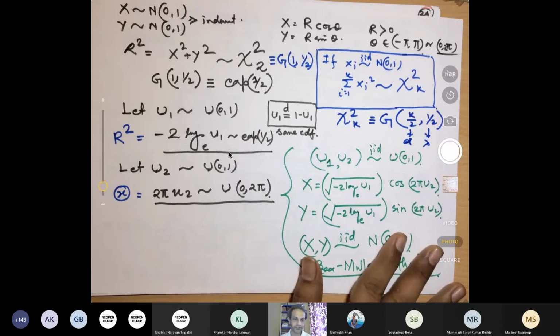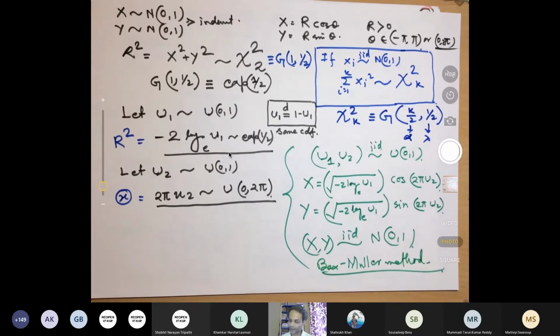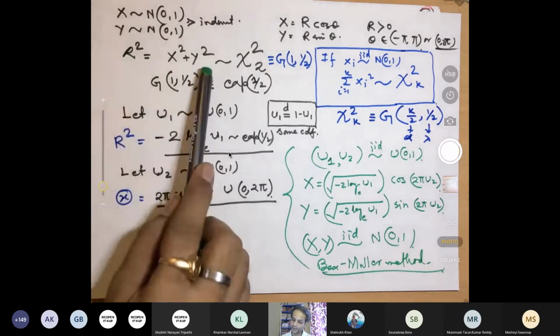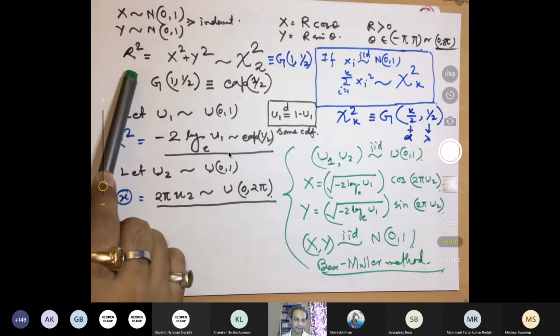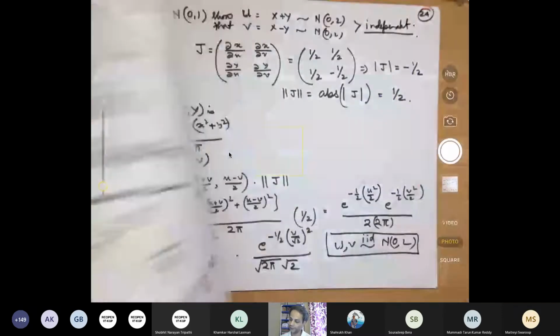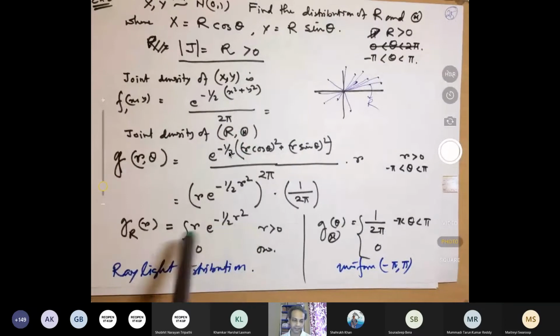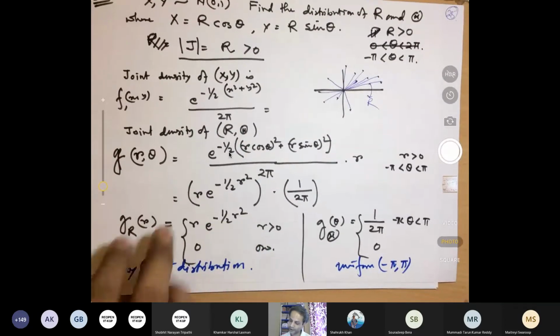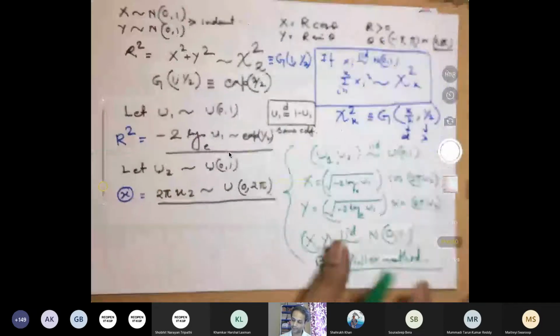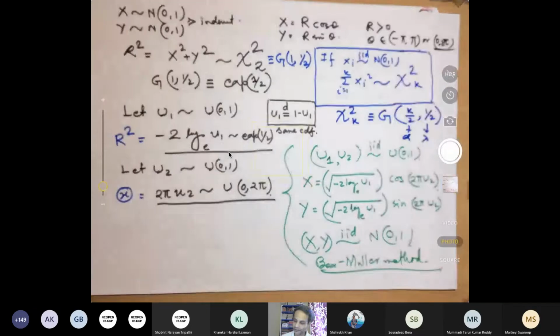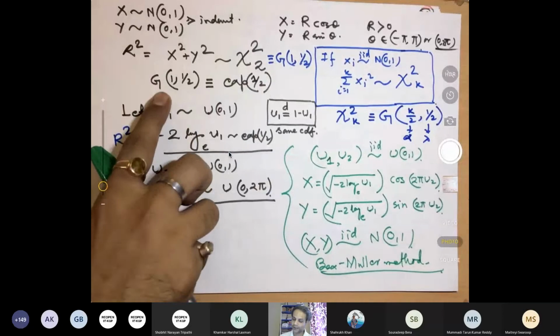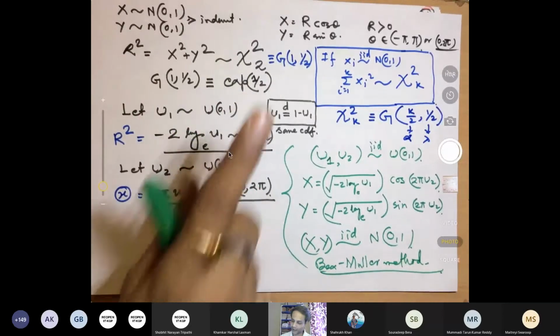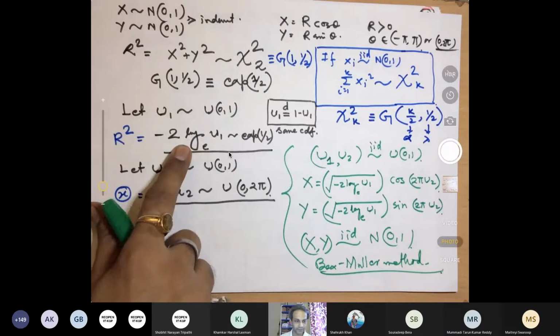Now, is this construction clear? Why does the Box-Muller method that we have seen in the diagram work in this way? First, we identified the distribution of the radius. Already we have got, if you start from here and take the transformation for the distribution of R squared, eventually you will end up here. That derivation we have avoided. From the definition we started, and it is exponential half. Exponential half we can obtain easily from uniform 0, 1.